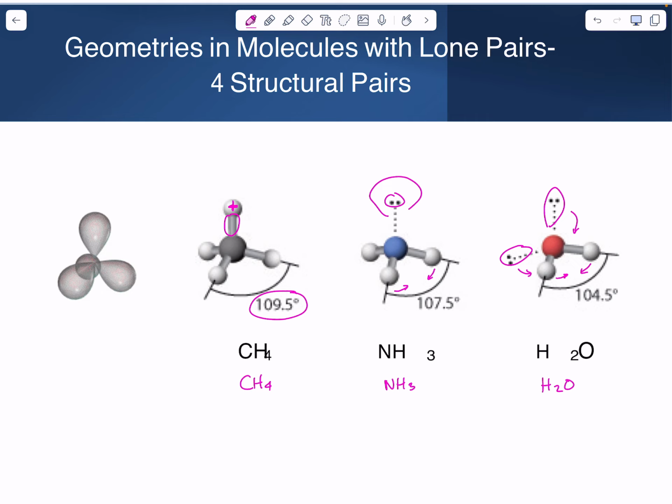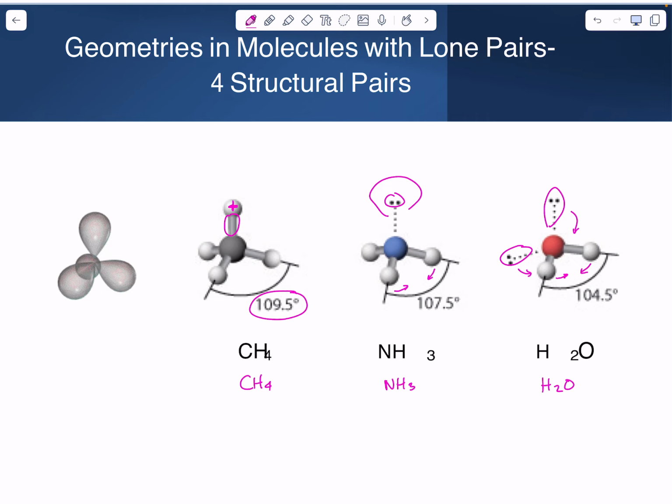All right, so we've been talking about molecular structure, using our knowledge of electrons and atoms and Lewis structures to then determine molecular shapes.